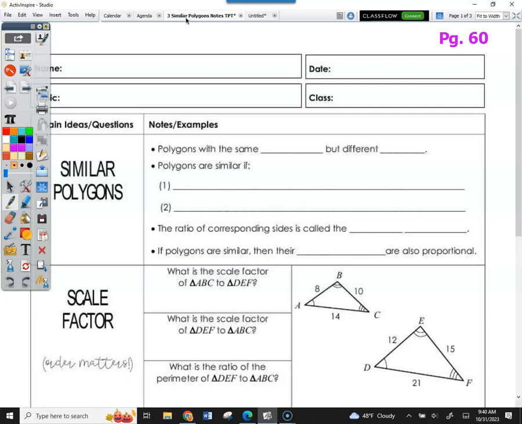Similar polygons, or similar figures. If you recall, polygons that are similar have the same shape but different size.